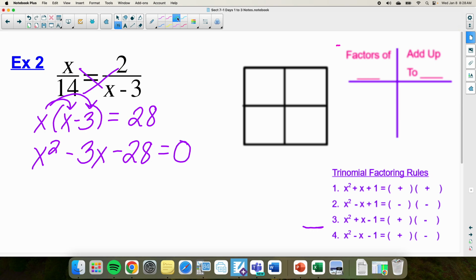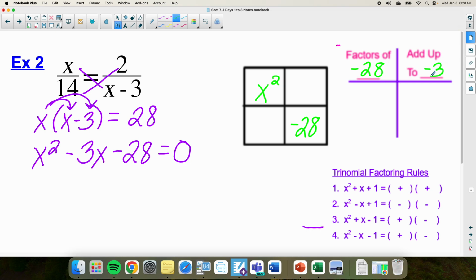Okay? Then, do you guys remember what goes here? X squared. What goes here? Yep, negative 28. You bring the sign with it. Negative 28 also goes here. And what goes here? Negative 3.